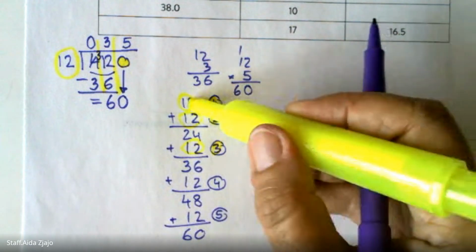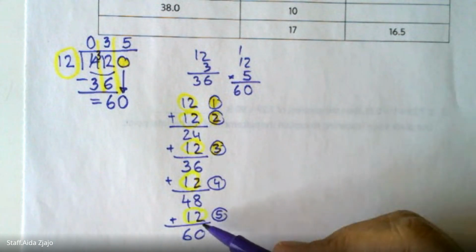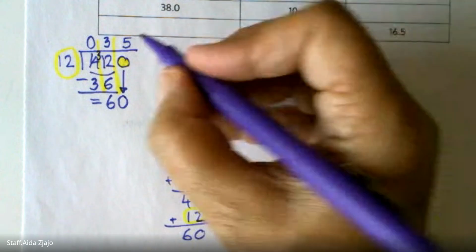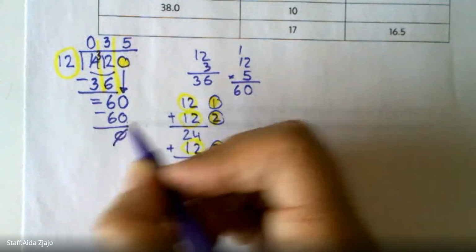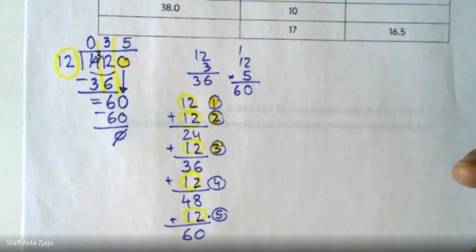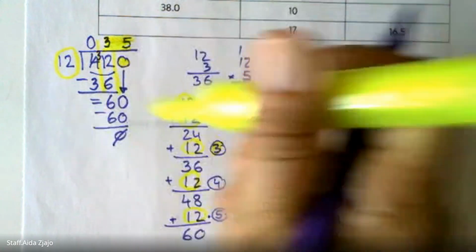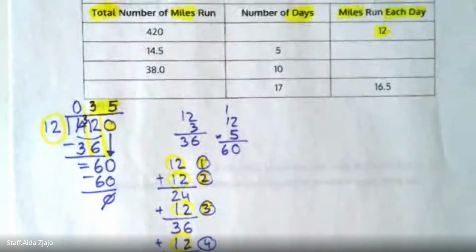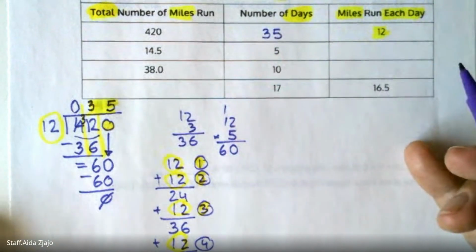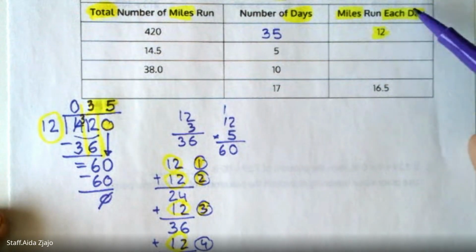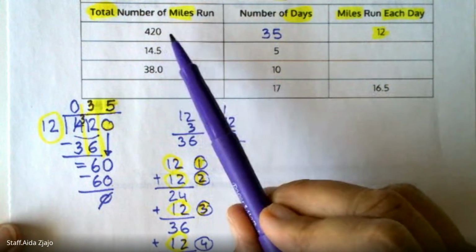So there are 5 groups of 12 in 60. 5 times 12 is really 60. When I subtract, there is no remainder. So our answer is 35. That runner was running 35 days, and he ran 12 miles per day, and total miles for 35 days was 420.